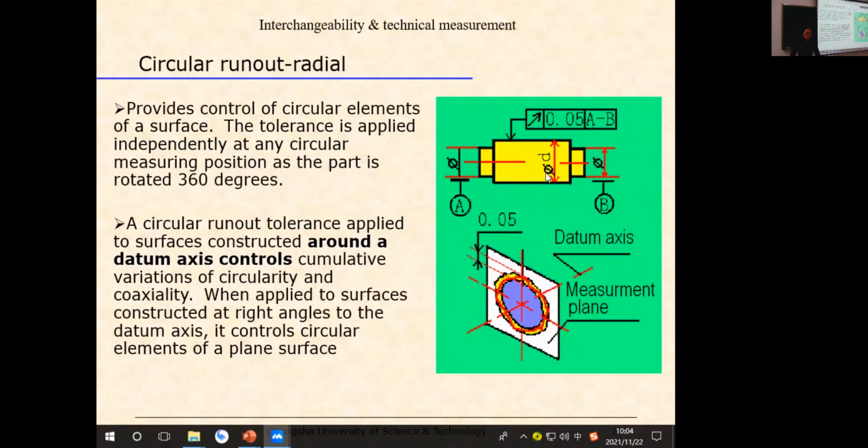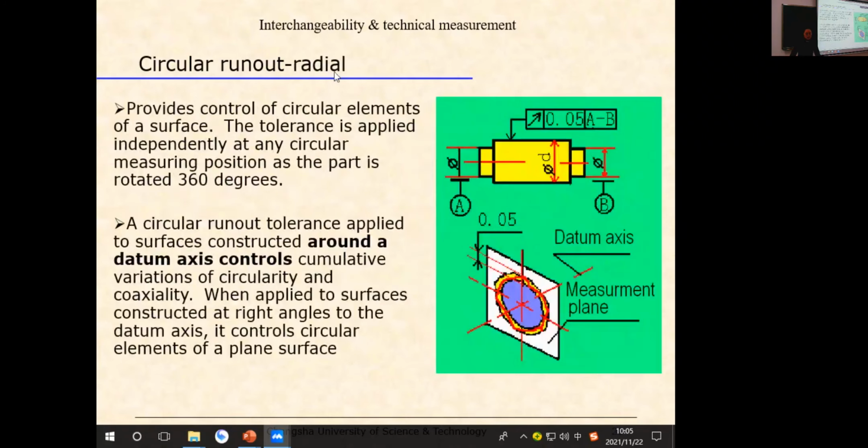So circular runout tolerance applied to surface constructed around a datum axis controls cumulative variations of circularity and coaxiality when applied to surface constructed at right angles to the datum axis. It controls a circular element of plane surface, right?